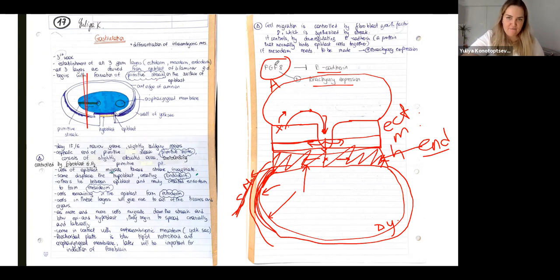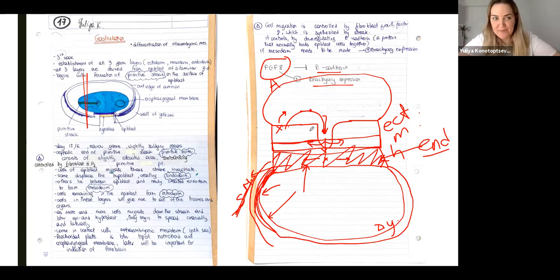Fibroblast growth factor 8. In embryology, we're going to see lots of FGF, especially next semester, okay? Fibroblast growth factor. There are many of them. The one which is important for you right now is FGF8. Who secretes fibroblast growth factor 8?